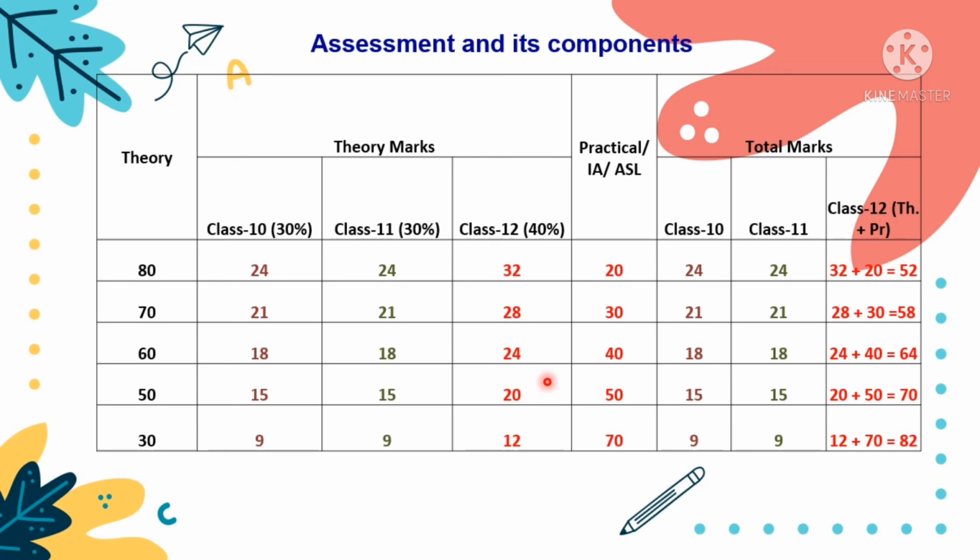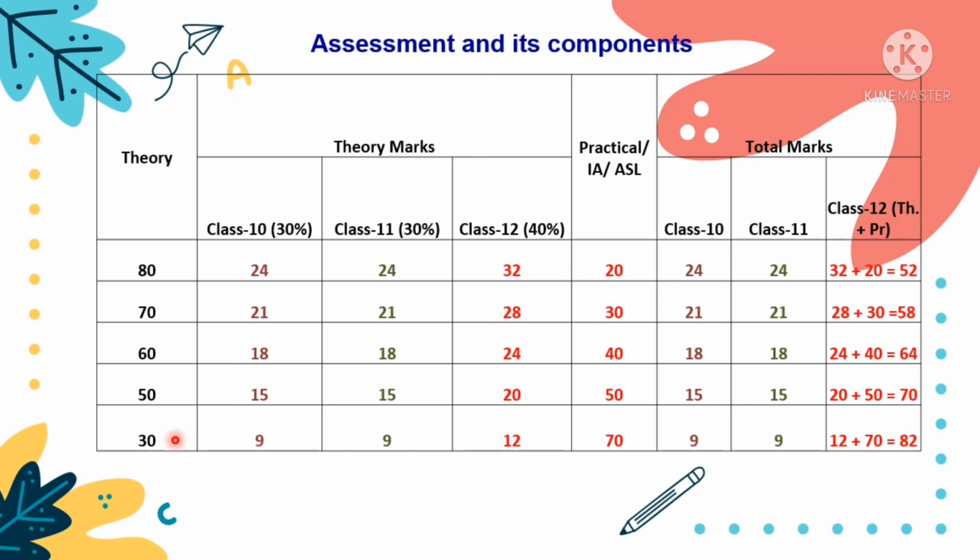So 20 for theory, 50 for practical, and 20 and 50 together will make 70. So total 15 from class 10, 15 from class 11, and 70 from class 12 theory and practical, and together it will make 100 total again, right?